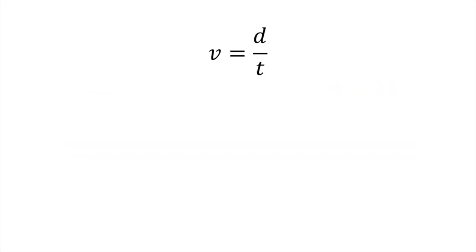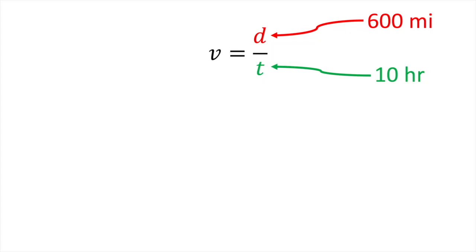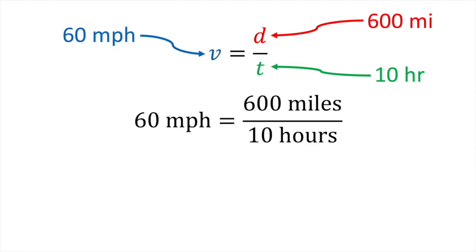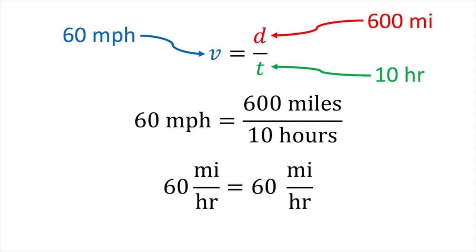Because physical equations carry both numbers and units, the equal sign suggests that both the number and the unit must match up on the left-hand side and the right-hand side of the equation. So, taking our previous example, if d is 600 miles, t is 10 hours, and v is 60 miles per hour, the left-hand side of the equation is 60 miles an hour, and as expected, the right-hand side of the equation also reduces to 60 miles an hour.